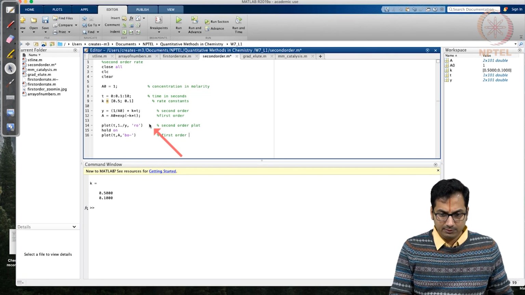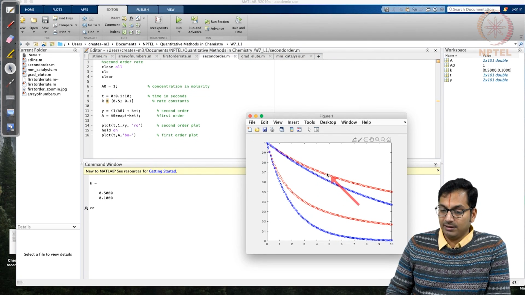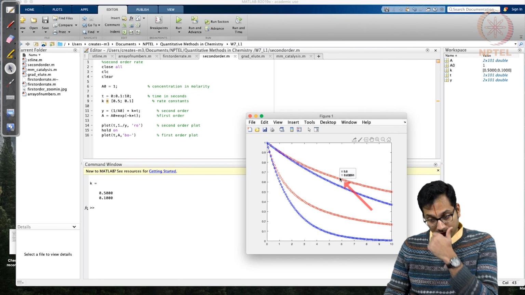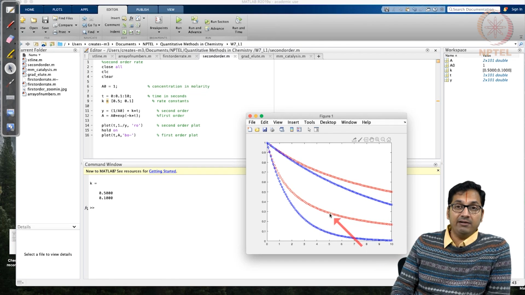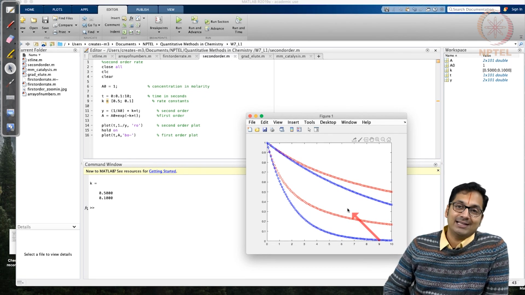First order plot, and what you are able to realize here is that anything that comes in red is the second order plot. This is for 0.1 units of rate constant, this is 0.5, and the same thing for 0.1 versus 0.5, but the blue one stands for the first order, but the red one stands for second order.